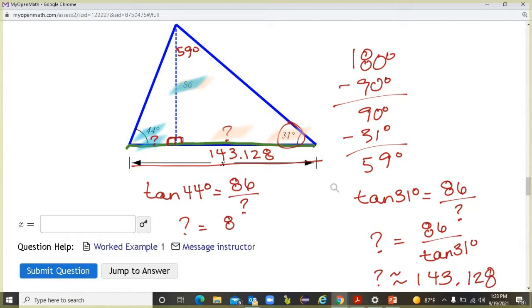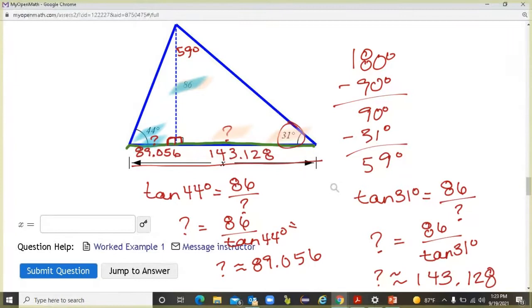That question mark is going to be 86 over the tangent of 44. So 86 over the tangent of 44 degrees gives me 89.0556. So I'm going to do 0.056 just to get 3 decimals. And now I'm just going to add those together and I'll have x.